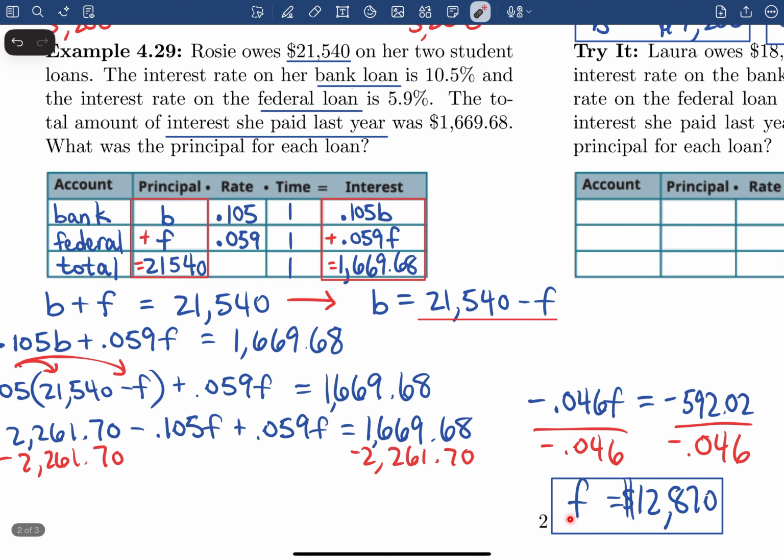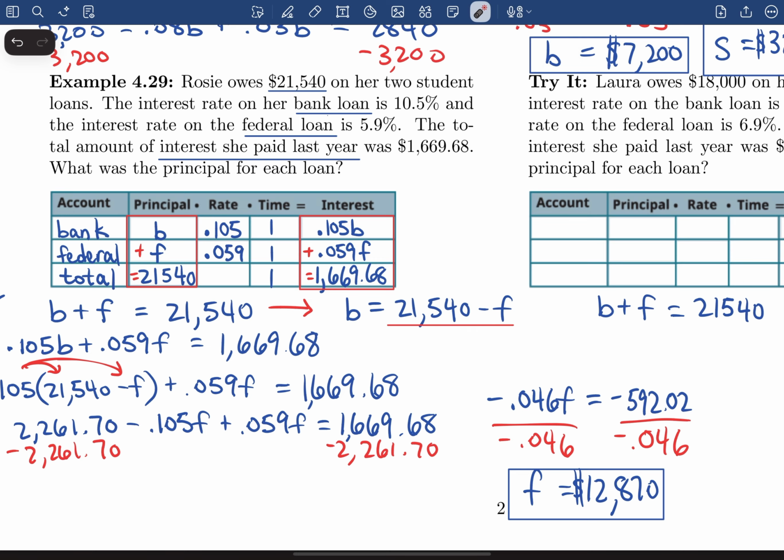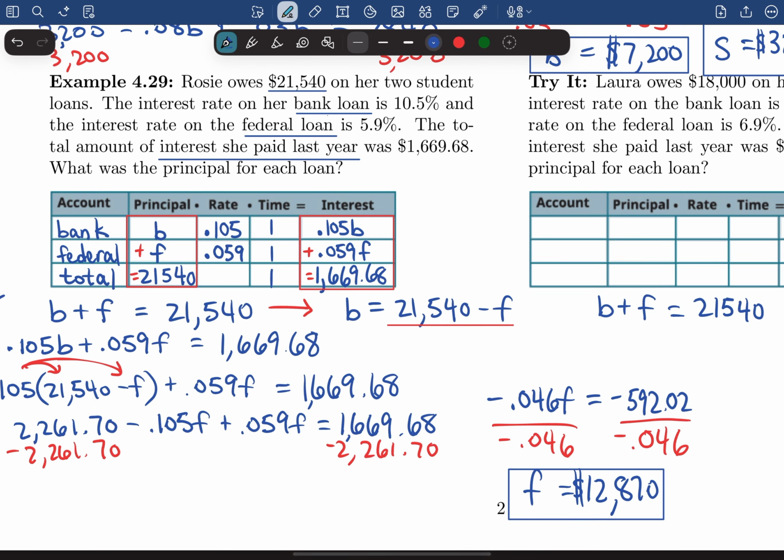Let's go back and think about it. F, the amount for the federal loan, is $12,870. Now, we need to find the amount of the bank loan. So we'll take that original equation, B plus F equals 21,540, and we will replace F with what we know it is, 12,870.